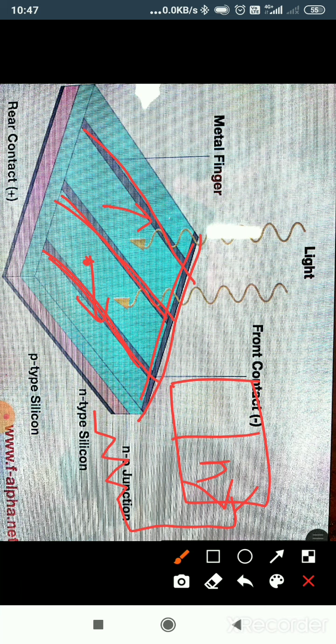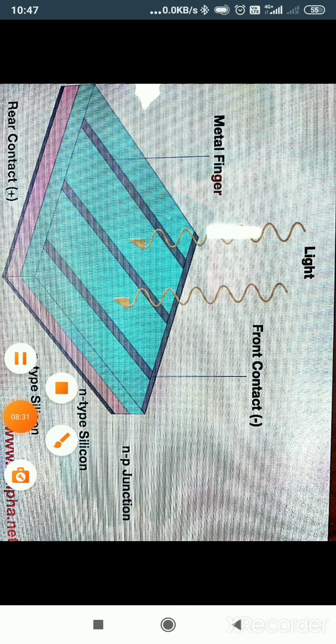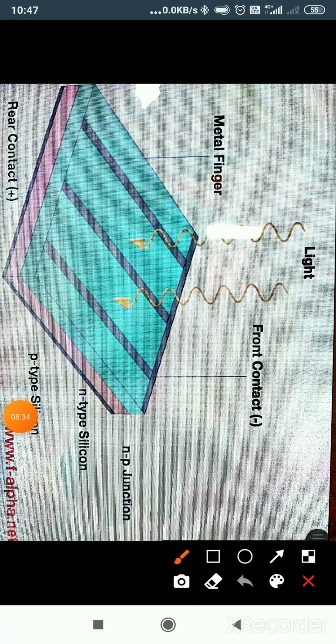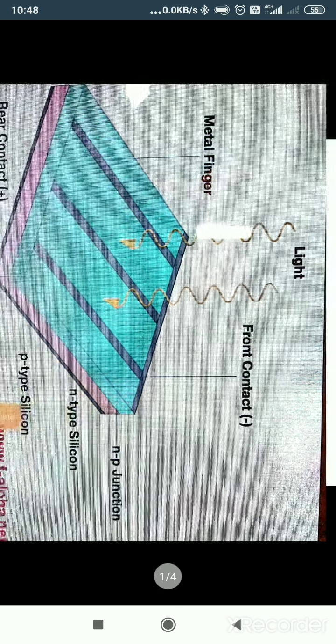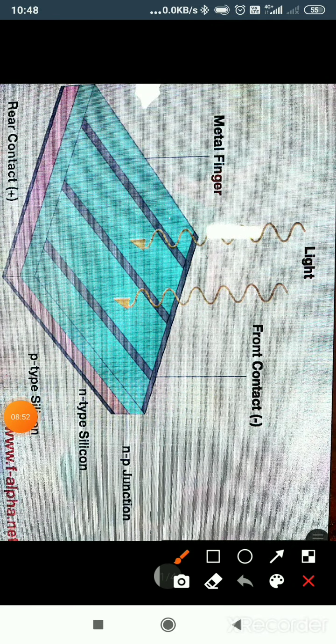You can ask me one question. If these are metallic fingers, how can we place them on top of this N layer? The placing of the metallic fingers should be such that there is enough space for the light to fall on the N region.